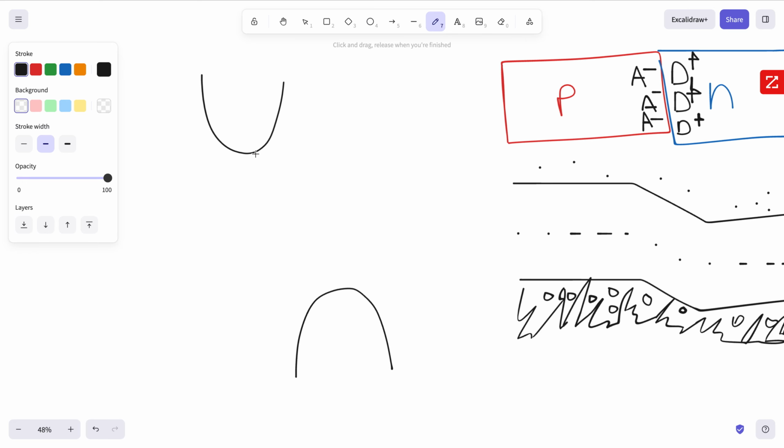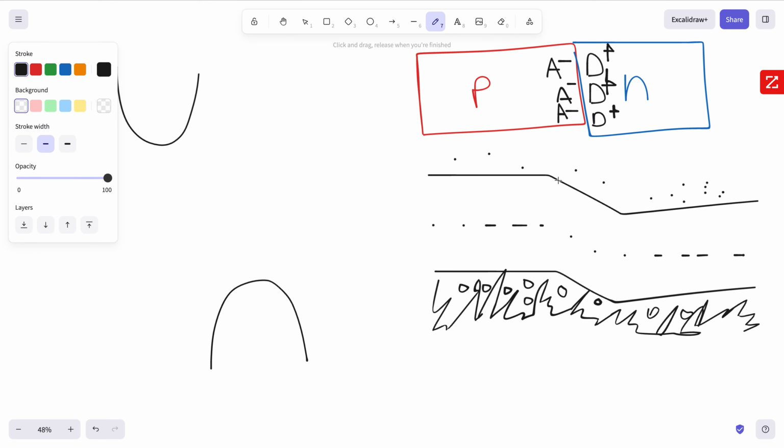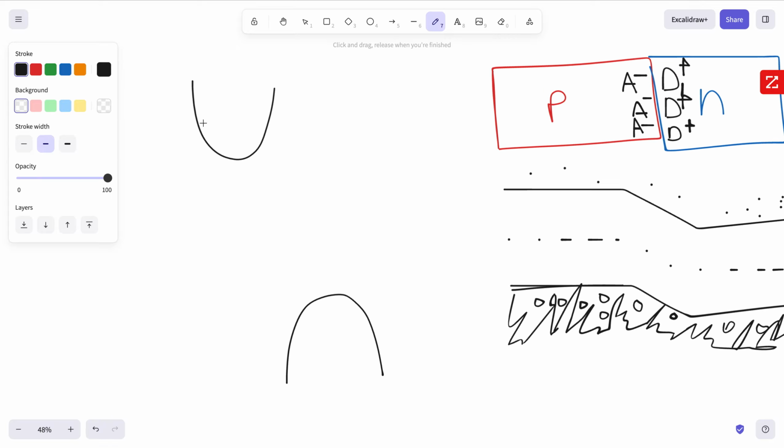If you're not familiar with what these are, basically this line that we draw for the band is the minimum conduction energy and the maximum valence energy state that these electrons and holes can occupy respectively. But in reality, there's a whole set of energy states that they can occupy.